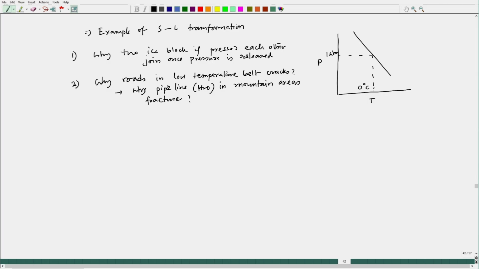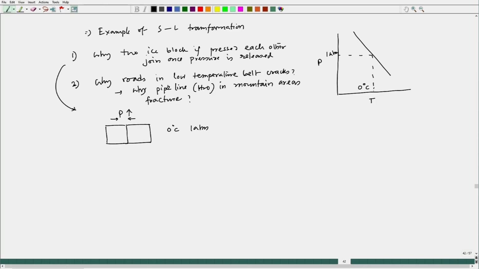Now, for the first example, let us say I have two ice blocks, and I press them against each other. That means pressure goes up. Let us say this is at 0 degrees Celsius and 1 atmosphere.